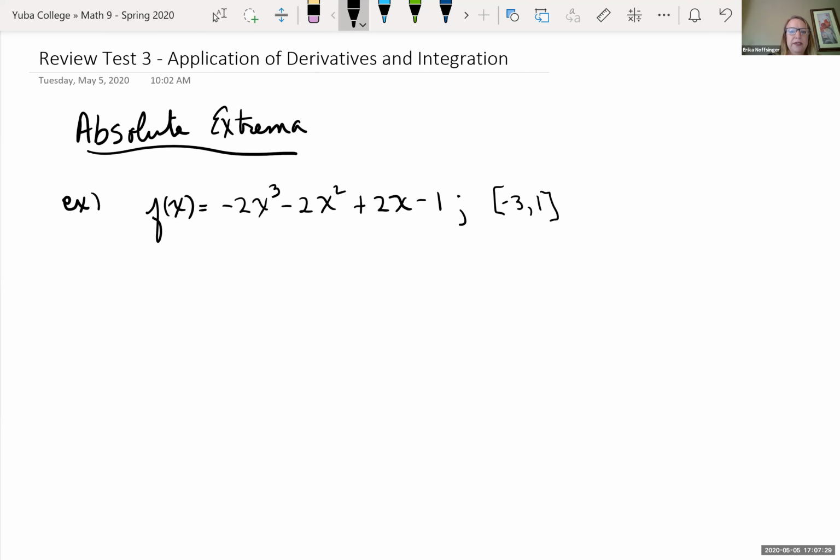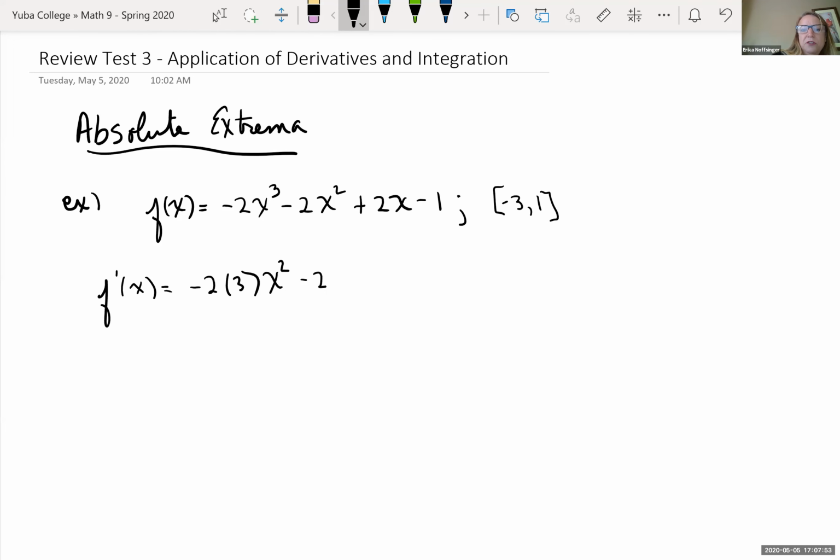Okay, so the first step in this is we needed to find our critical numbers. And so we did that by looking at the first derivative and setting that equal to 0. So taking the derivative, we're bringing our exponent down front. So we have -2 times 3x, subtract 1 from our exponent, so we get an x squared.